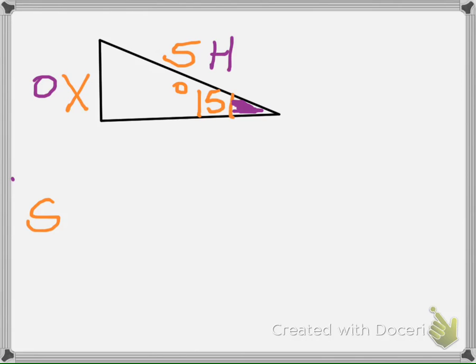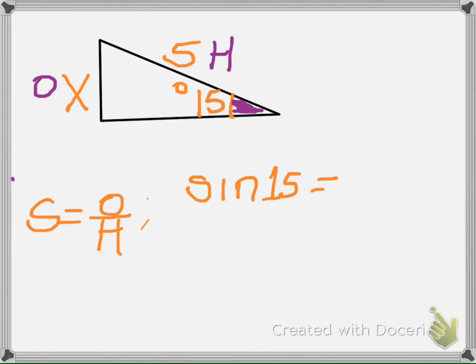Okay, so if we go back to our relationships, we can see that the relationship between opposite and hypotenuse is sine. So sine equals opposite over hypotenuse. Now I'm going to set up my ratio.